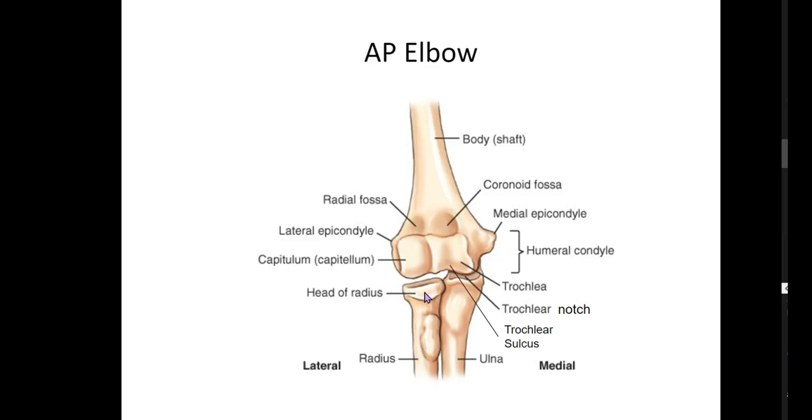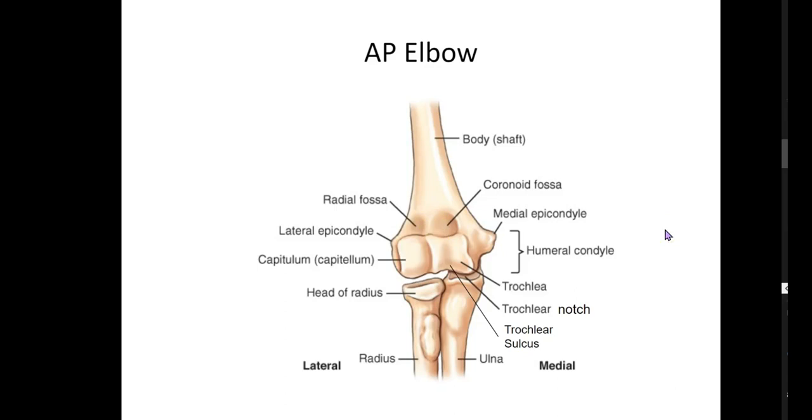So the fossas have their name because of the parts of the radius and ulna that articulate with them when you bend your elbow. There is a deep depression on the posterior aspect of the distal humerus, and it is called the olecranon fossa. And you can't see that on this diagram, but the olecranon fossa is very deep and it's on the back of the distal humerus.